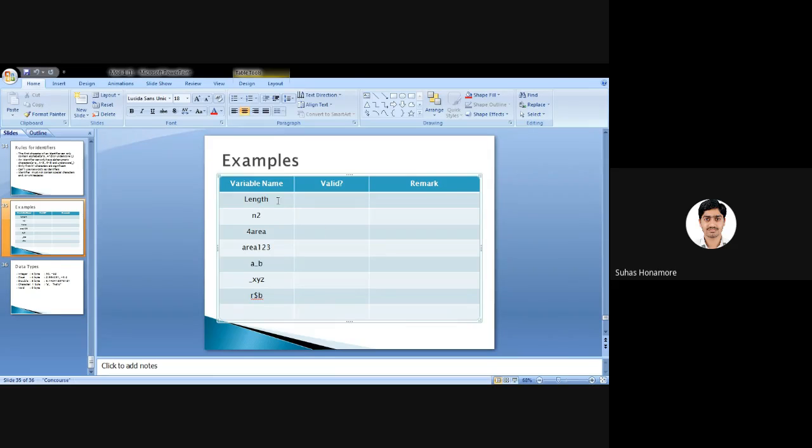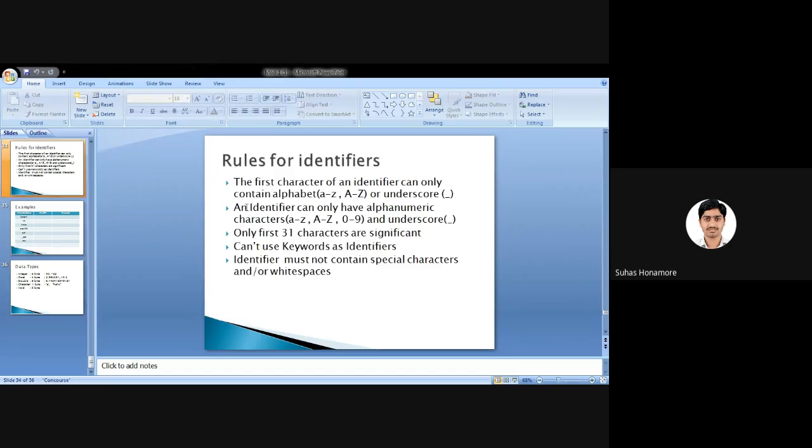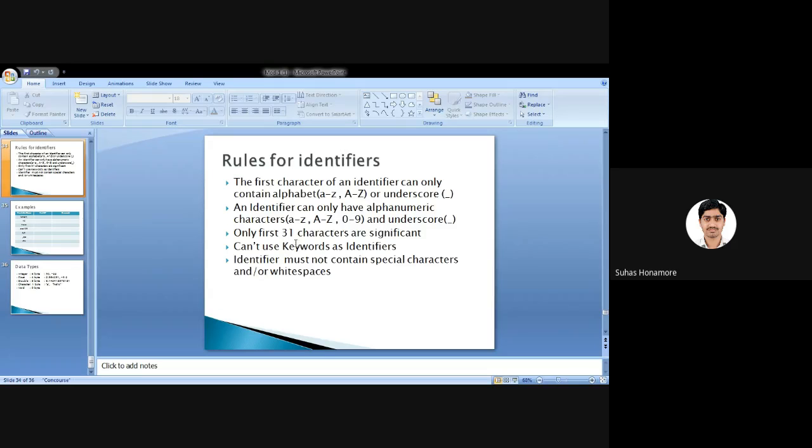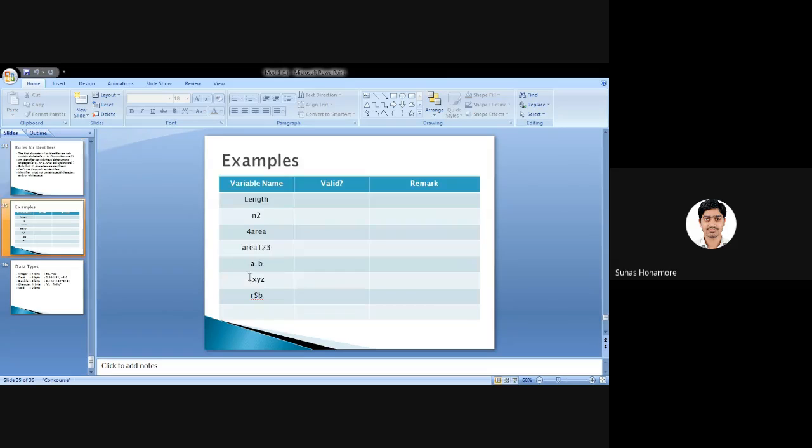The first one is L. As per our rule, the first character should be an alphabet, A to Z, small letter or capital letter, or underscore. So the first letter is not a problem. Six letters in total, and maximum 31 we can have, so 6 is fine. We don't have a keyword also, and in between we have not given any space. So this is a valid one.